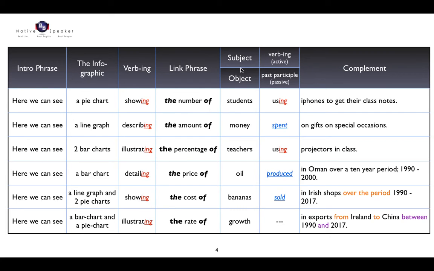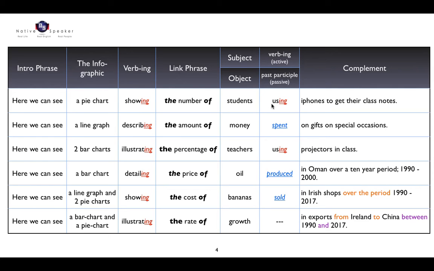Now, if it's a subject, that means the person or thing, that's the noun here, will be doing an active action. So you have to ask yourself, is this an active thing? So the number of students using iPhones to get their class notes, well, when you use your iPhone, that's an active thing. You take it up in your hand and then you tap the screen with your other hand.